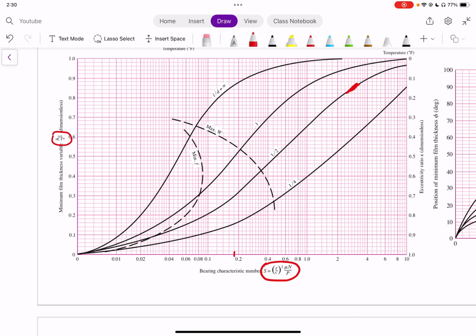So my Sommerfeld number is going to be around here, 0.182. I'm going to go up this line, stop right here, and then go over, and I'm going to find out that my H0 over C is equal to 0.3.